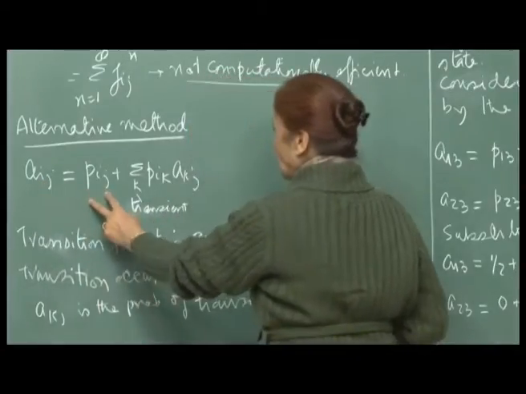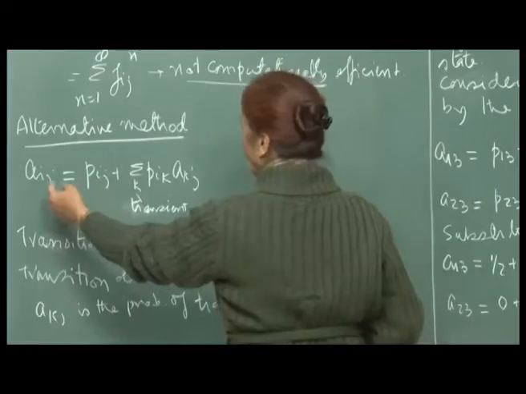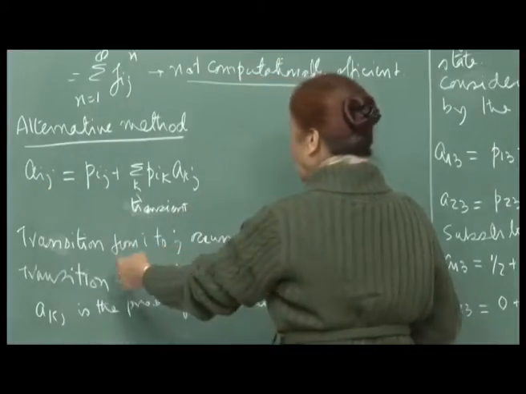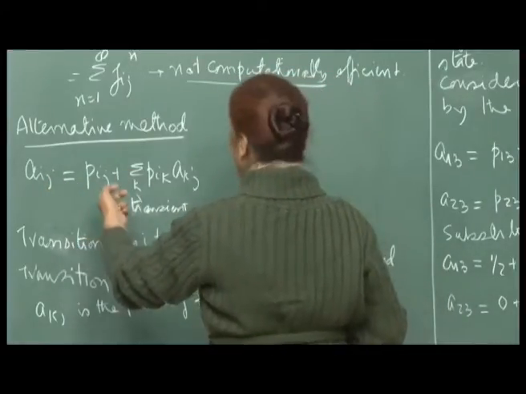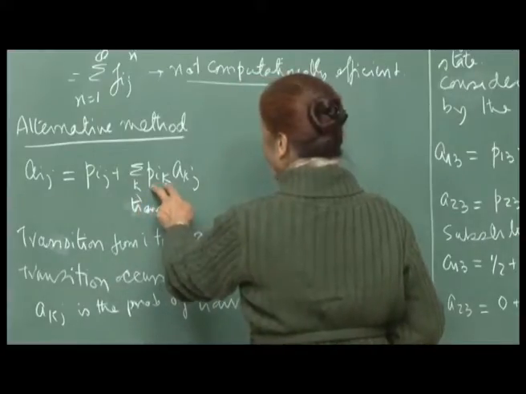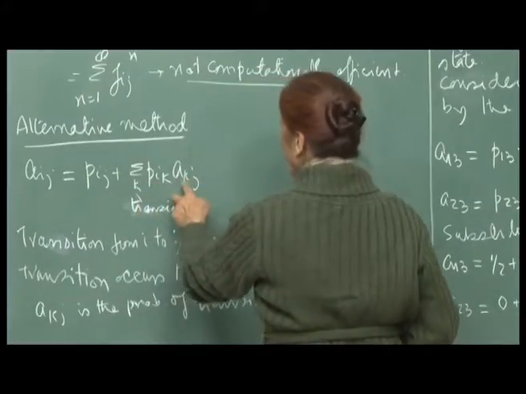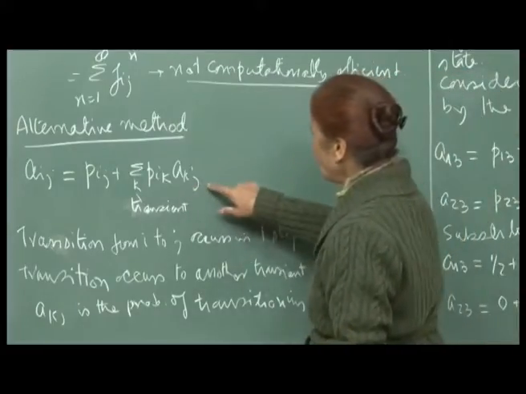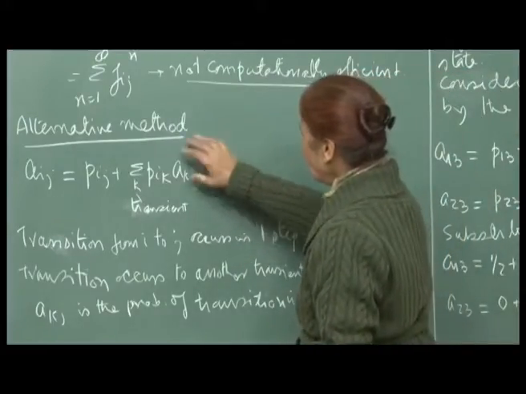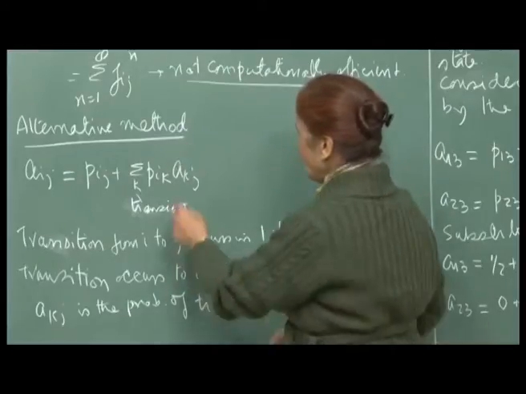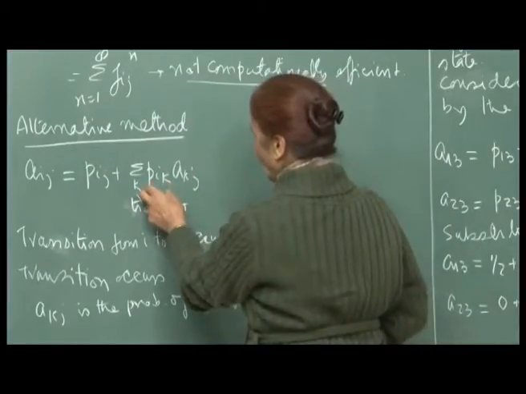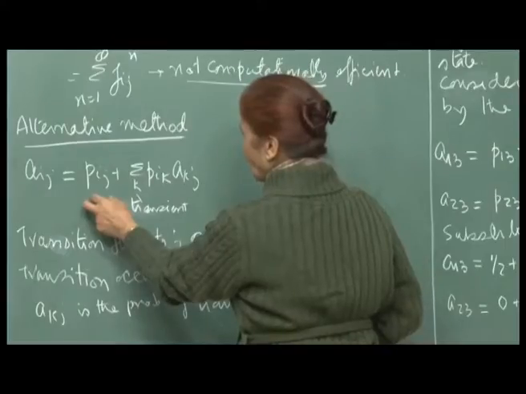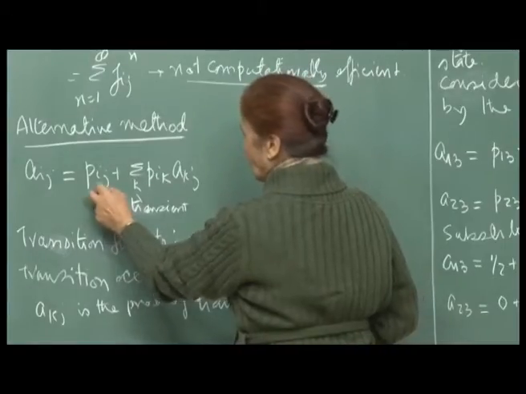Or I transition from i to another transient state k. That probability will be Pik, and then Akj will be the probability of ultimately transitioning from the transient state k to the absorbing state j. So, this is the probability of transitioning in one step from i to j.